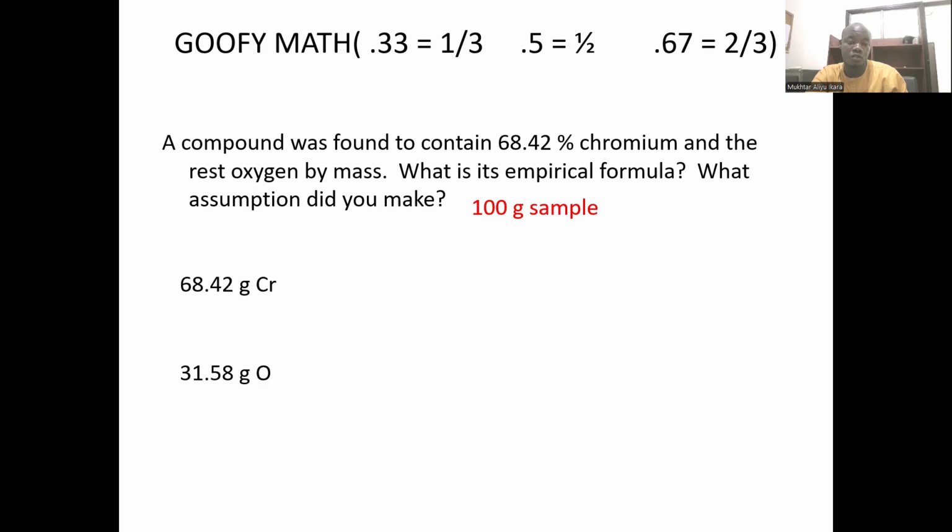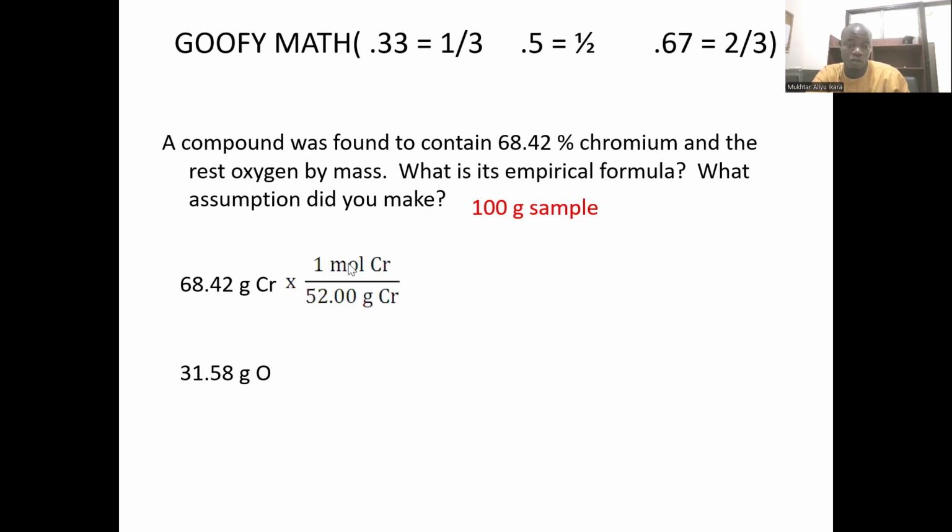So the mass of chromium is 68.42 gram. To get that of the oxygen, you are now going to say 100 minus 68.42, and that is how we get 31.58 for oxygen.